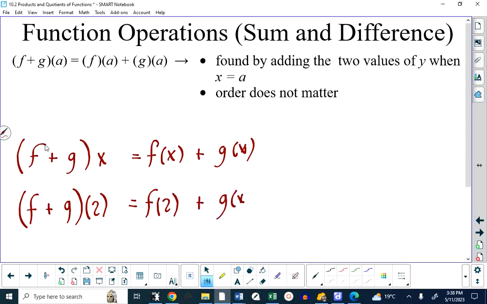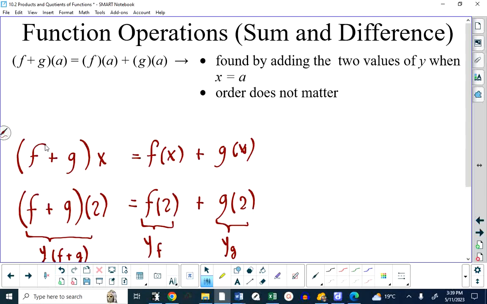But I think it's really important that you understand that this is the y coordinate on f, and this is the y coordinate on g, and this is the y coordinate on f plus g. And this is my point.